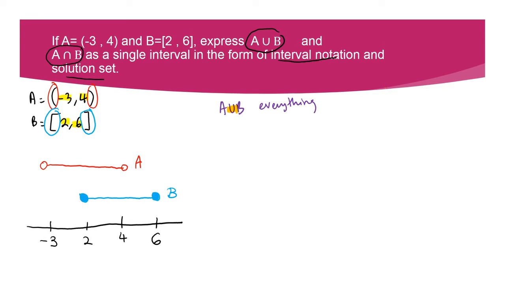So at the most left-hand side, my point lies at number -3. Consider everything, so we will move to the right. Move to the right, this is number line A, then it stops. But because I have a number line B below and I consider everything, I will continue the number line B until it will finally stop at the point at 6.